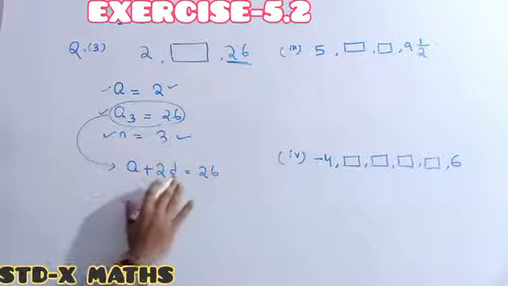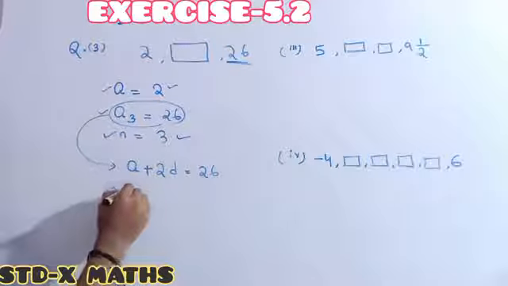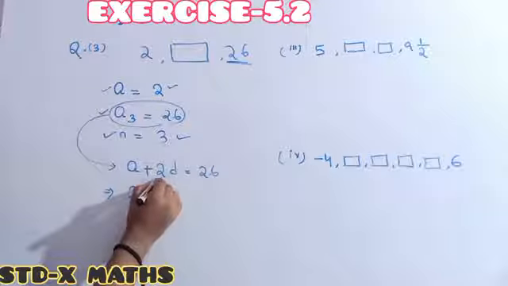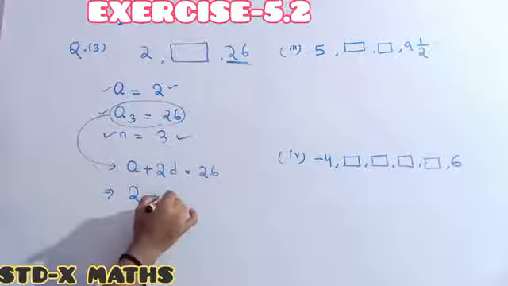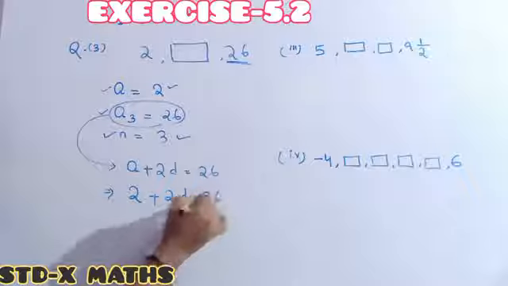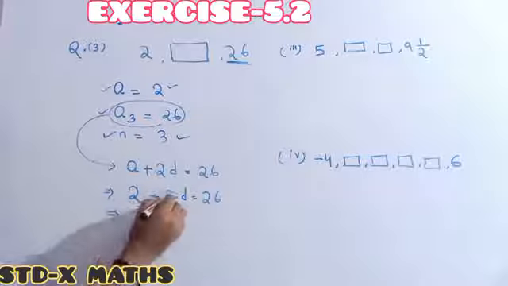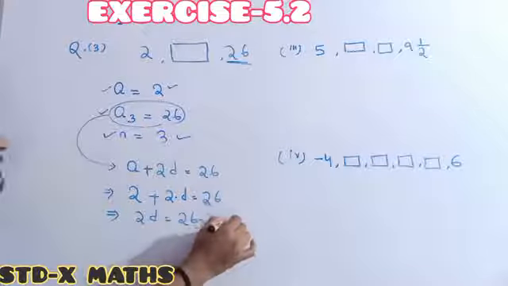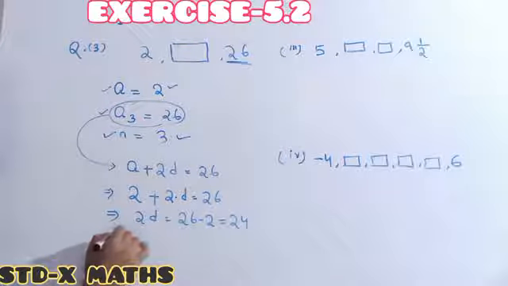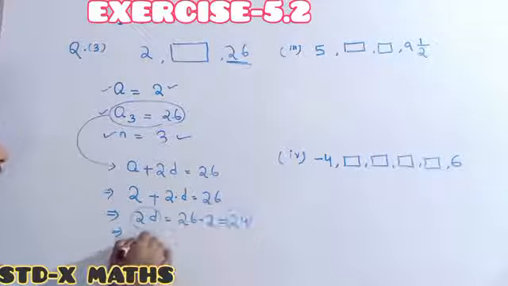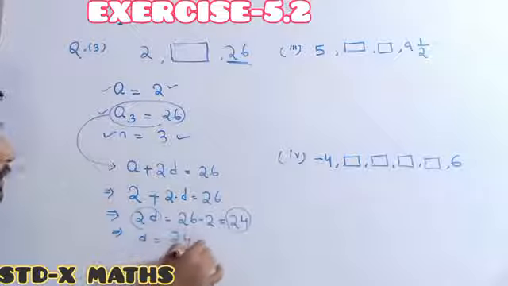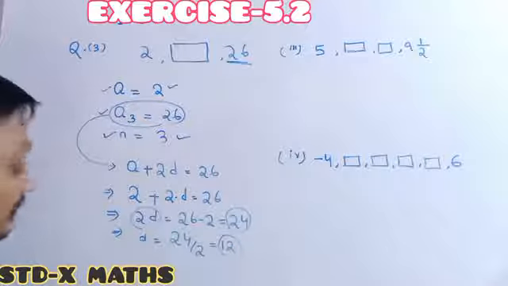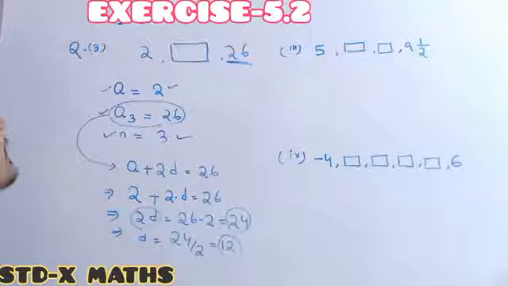It implies A is equal to 2, and 2D means 2 into D is 26, which implies 2D is 26 minus 2, which is 24, which implies D is equal to 24 divided by 2, which is 12. See, once you get the D, we got D.